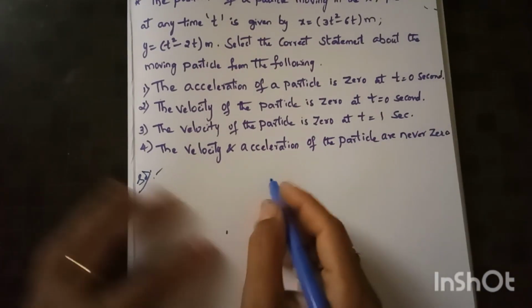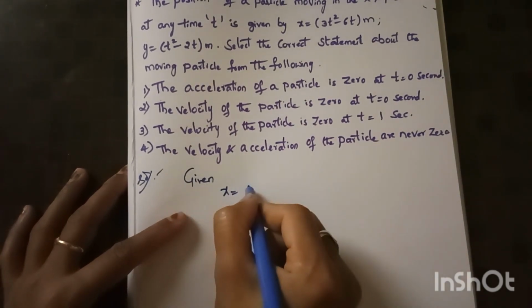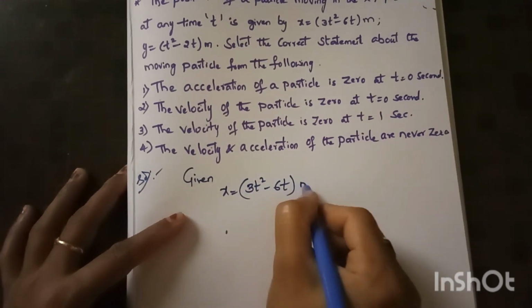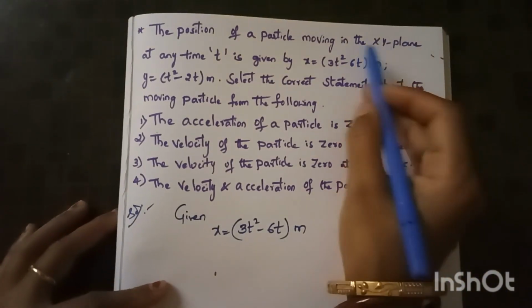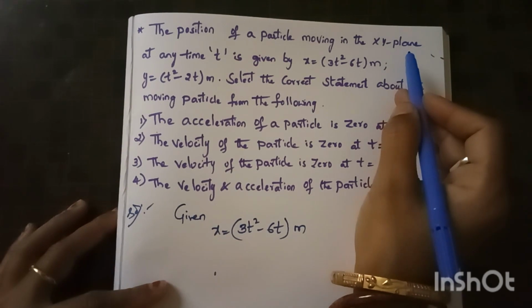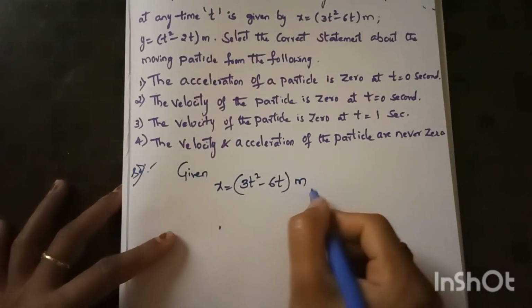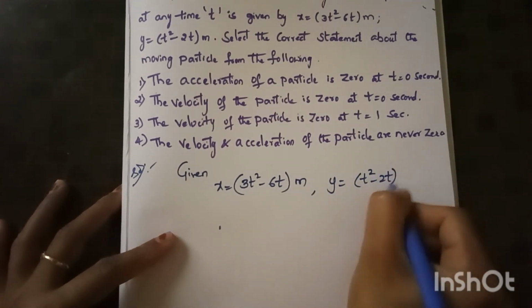First, they have given x equals 3t square minus 6t, in meters. Meters represents distance or displacement. Here we consider displacement because they mentioned the xy plane. The xy plane represents directions, so we consider x and y as displacements, and y equals t square minus 2t meters.